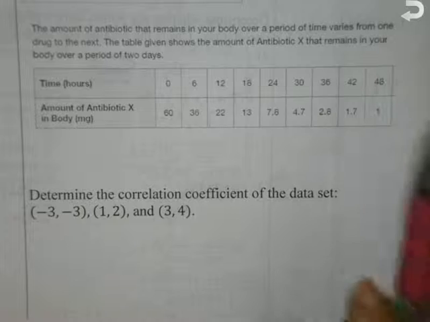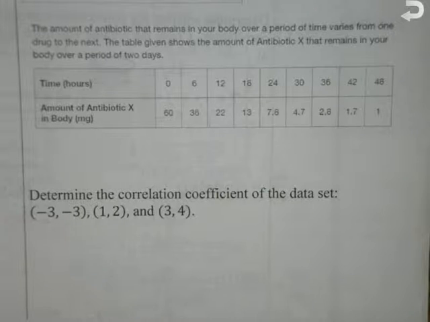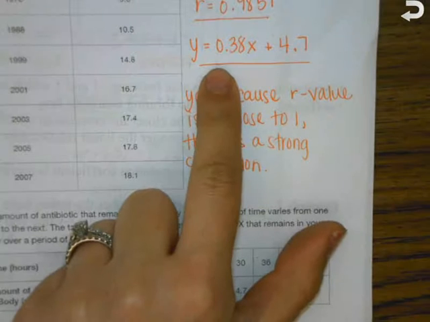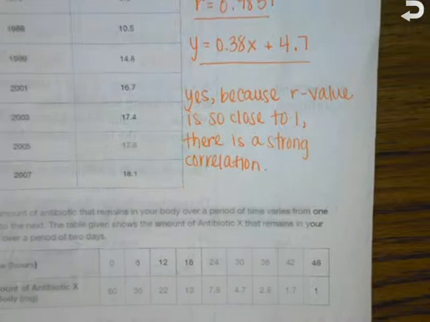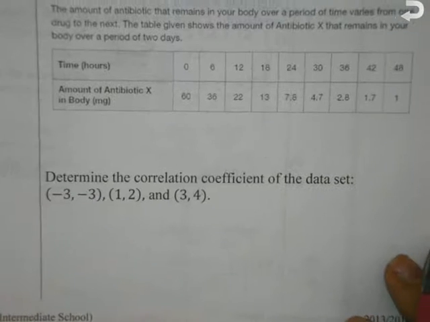So what we're going to do is I'm going to give you A, B, and R. In your groups, I'm going to have you write the linear regression equation, so Y equals AX plus B, and I want you to tell me if it's a good line of best fit or not, okay?